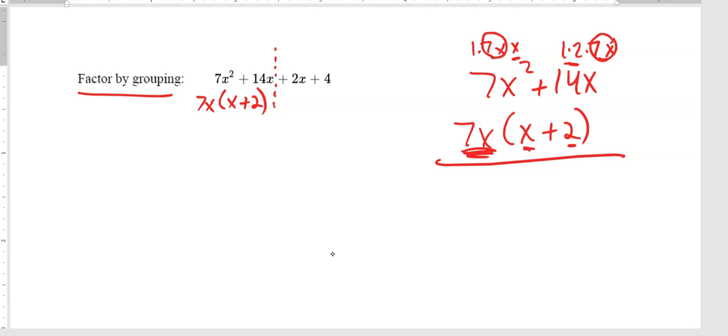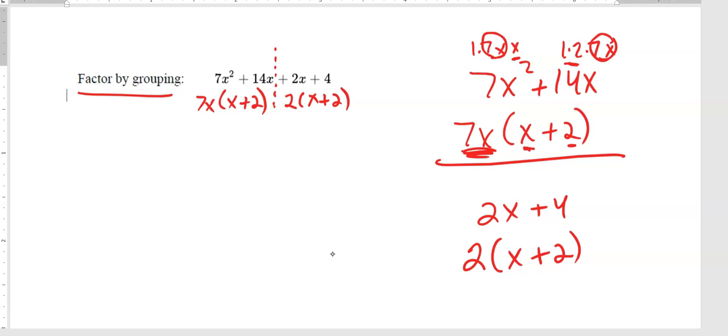Now, the second part of our problem, 2x plus 4. The greatest common factor here is 2, and I'd be left with x plus 2. So 2 times x plus 2 is 2x plus 4. Once I have them factored, I reunite the 2 sides. And I look for what is my greatest common factor.